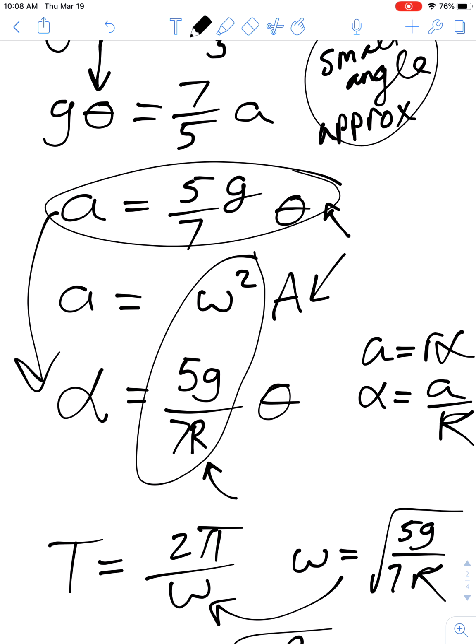that our angular frequency, omega squared, corresponds to 5/7 g over R. That's very, very important. If you take anything away from a problem like this, it's this relationship right here. This is so critical, because it allows you to go from understanding acceleration to time.